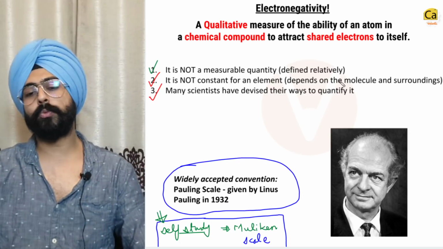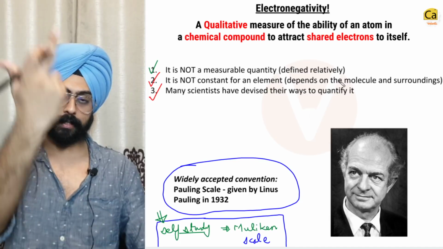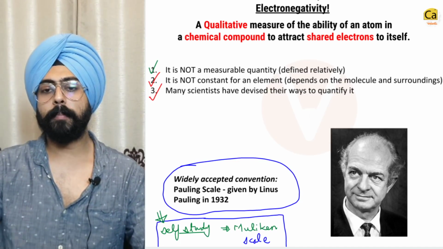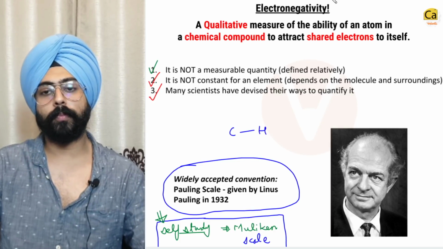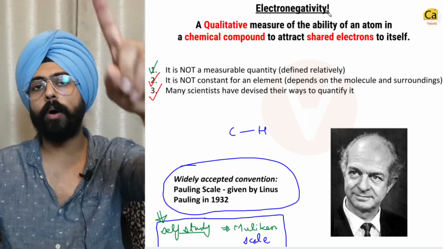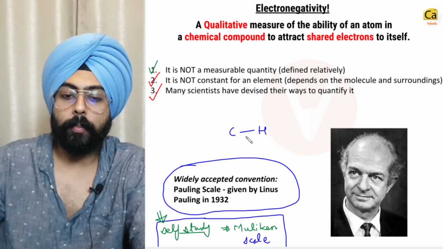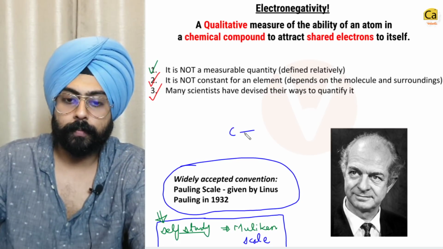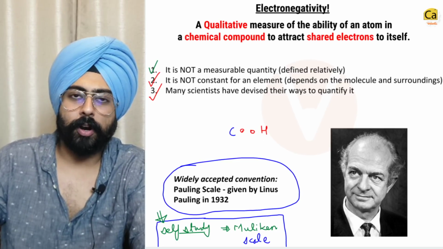So my dear friends, what does this mean? पढ़ तो लिया अपन ने, सब देख लिया. What does this mean? Let's say a carbon is bonded with hydrogen. Whenever you form one bond, one whole bond is always 2 electrons. One single bond is always 2 electrons.